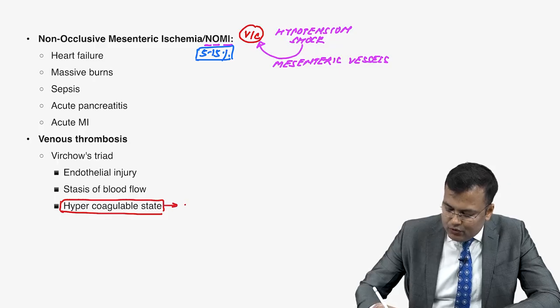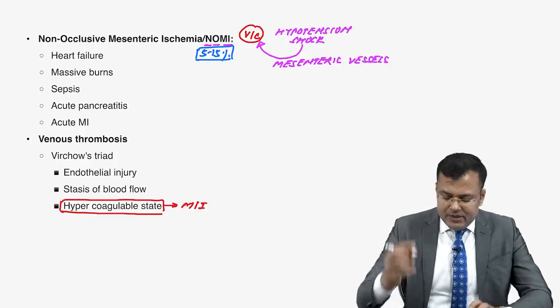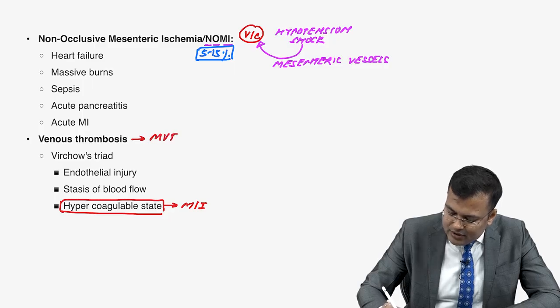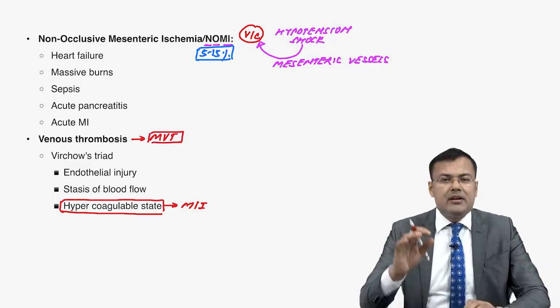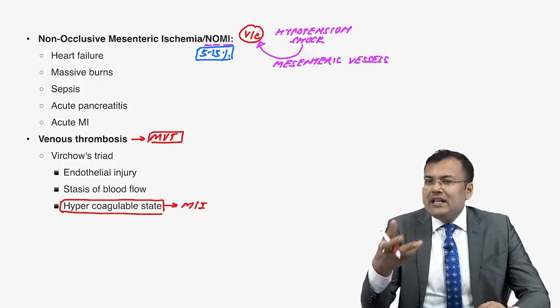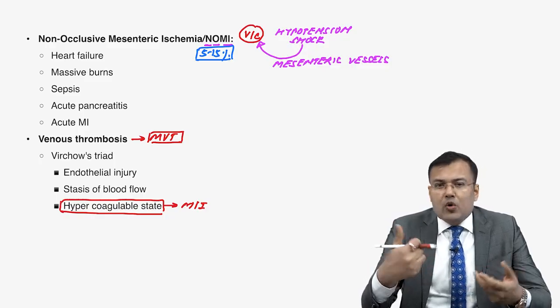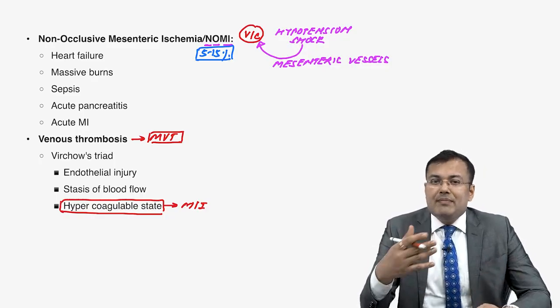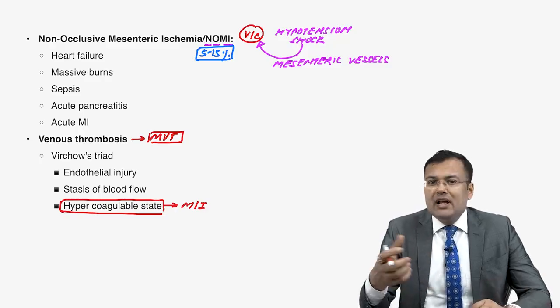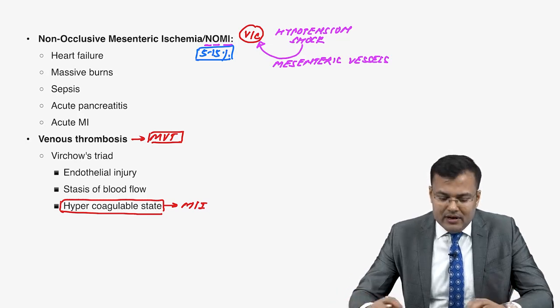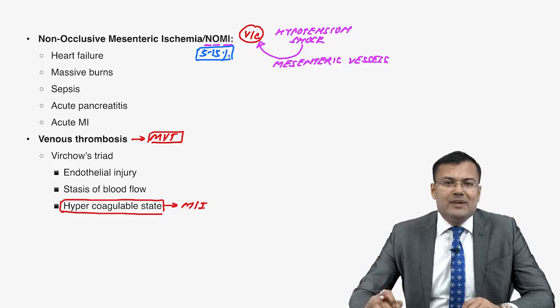So whenever we treat patients with mesenteric venous thrombosis, mainly we will be giving anticoagulants. And since the patient is having a congenital or acquired hypercoagulable state, in the majority of cases we are going to continue anticoagulants even after surgery, in the post-operative period. So this is the etiology of acute mesenteric ischemia.